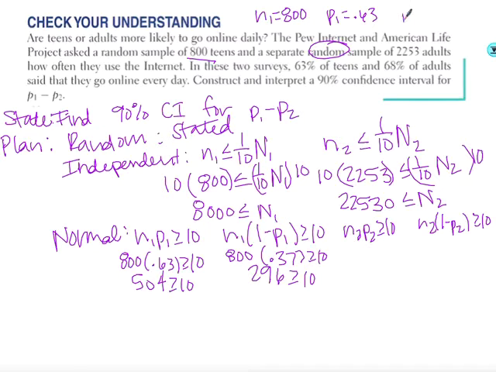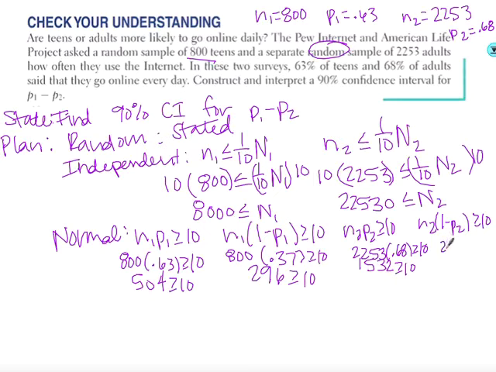For N2, you were taking a sample of 2,253 adults, and you were saying that 68% of them went online daily. So when you do that, you get 1,532 greater than or equal to 10.